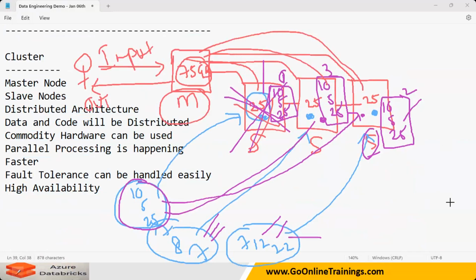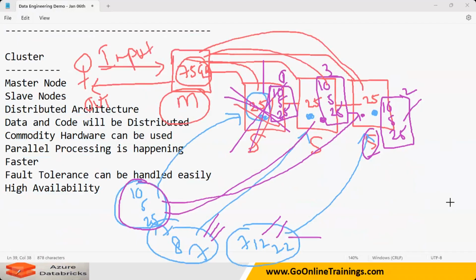The complete code, when you give it, will be distributed to the different computers called slaves. They are going to work. If one computer is not working, the second computer will work and give the final result to the master node. The master node is going to give you the final output to the end user. Clear?